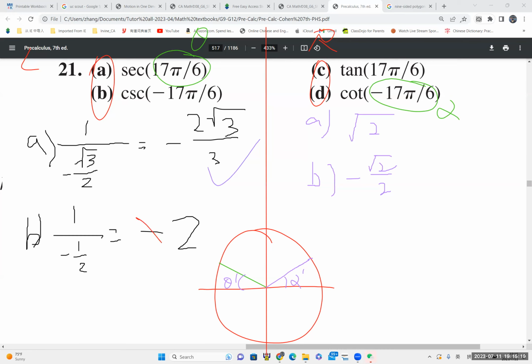I suppose this is not correct. Now tangent.